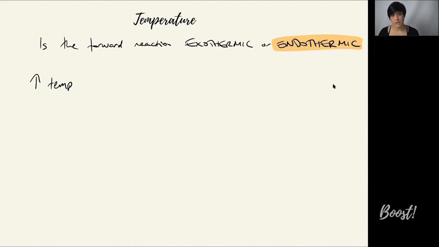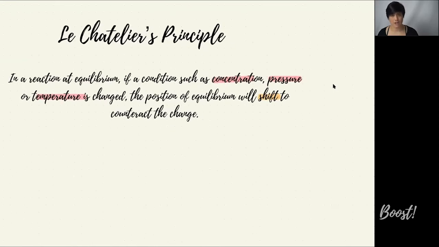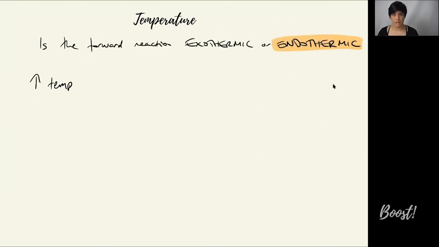But in terms of Le Chatelier's principle, if we increase the temperature, we're saying that the equilibrium is going to shift to counteract that change in temperature. So if we increase the temperature, then the direction of reaction that will happen is the one that results in reducing that temperature again, counteracting that change. So that's another reason why the endothermic reaction will be favored.